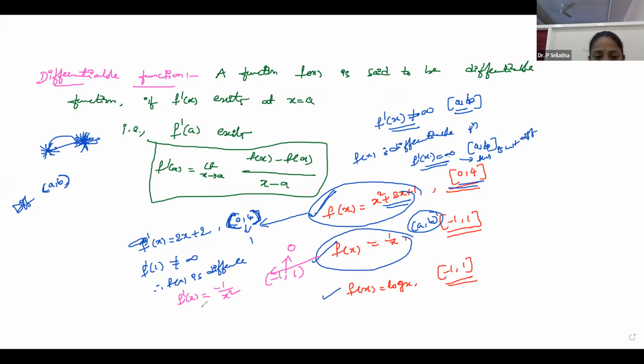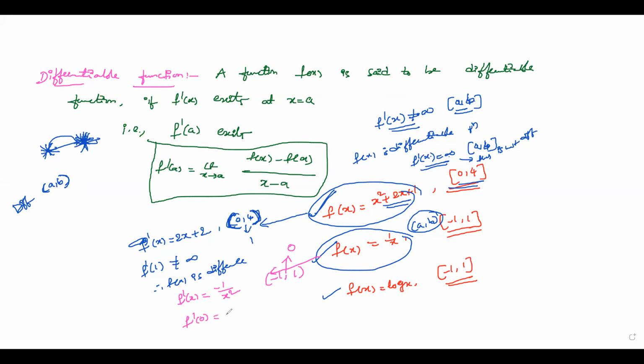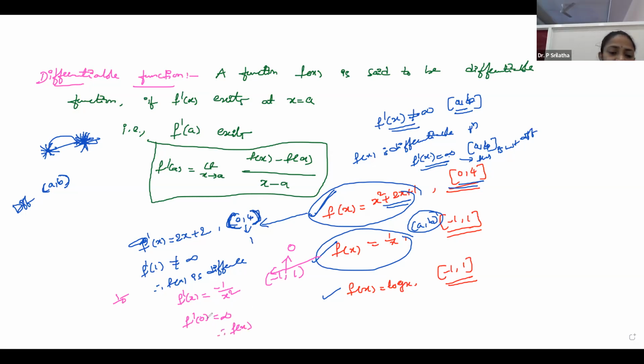If I substitute 0 here, is this equal to infinity or not? Equal to infinity. So 1 by 0 is nothing but infinity, an undefined function. If it is not equal to infinity, that means it is differentiable. If it is equal to infinity, the given function is not differentiable. Not derivable.